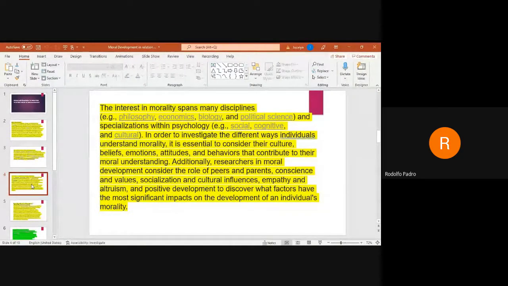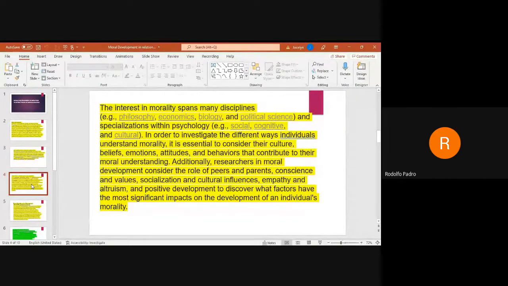Cognitive and cultural. By means of cognitive, in terms of cognition, it always goes parallel with human growth. As we grow older, of course, our understanding about morality would also develop, as well as what we call culture.